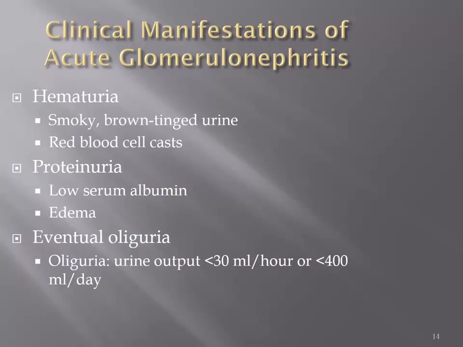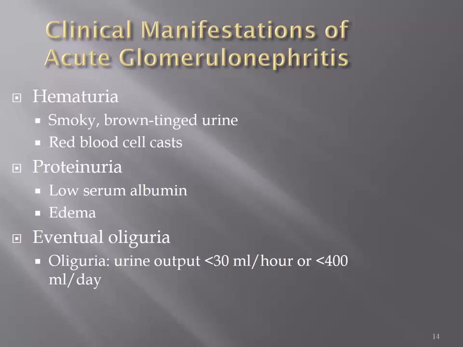In this case, one of the important lab findings in urinalysis will show casts. By no means does the presence of casts mean that it's a UTI. It means that this is a presentation of glomerulonephritis. Proteinuria, low serum albumin, because we're losing protein in the urine.